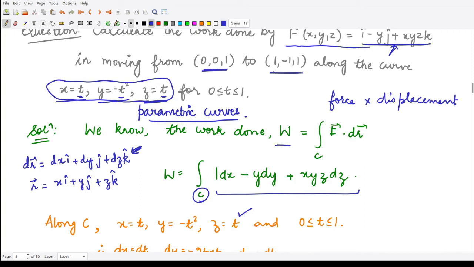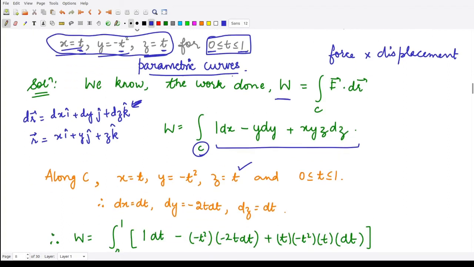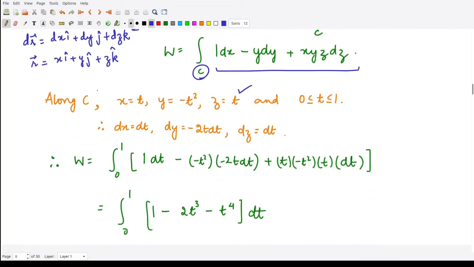The limits for t are also given in the question: t varies from 0 to 1. Otherwise also you could easily calculate the limits, because x is equal to t and varies from 0 to 1. Moreover, since x is t, when you differentiate it you obtain dx equal to dt.